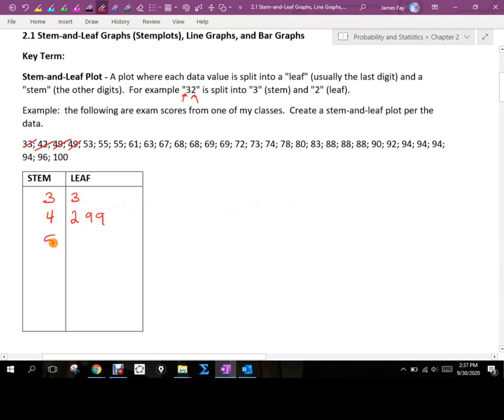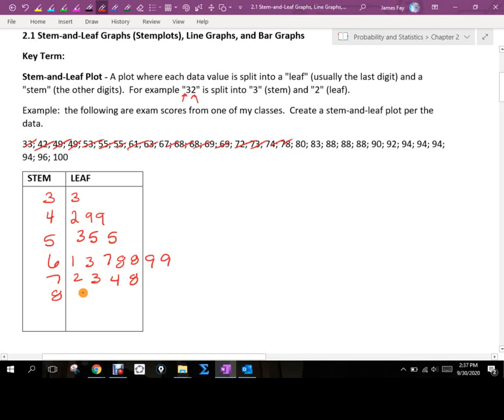So we've got a 53, a 55, another 55. 61, 63, 67, 68, 68, 69, 69. We've got a 72, 73, 74, 78.